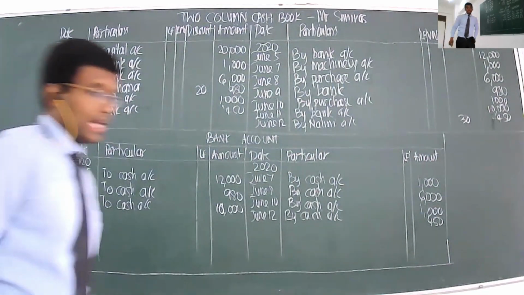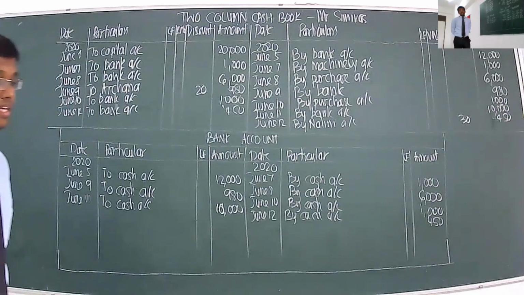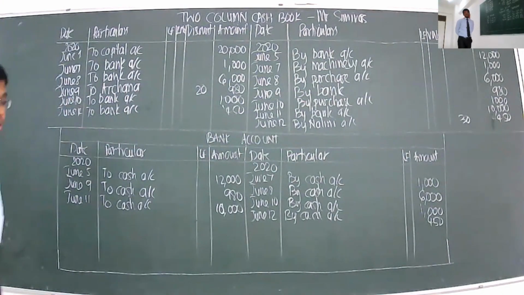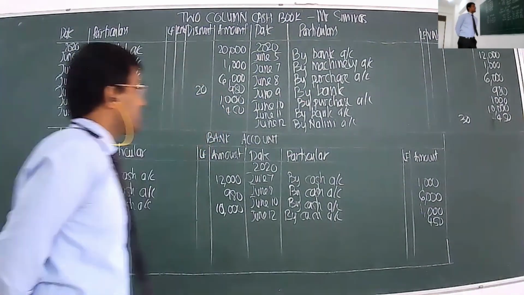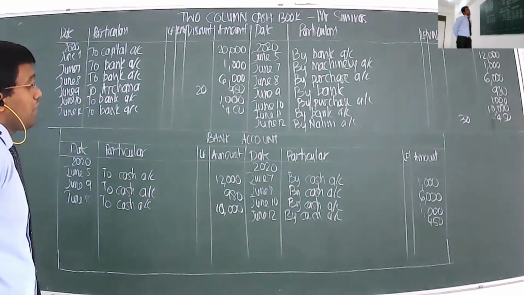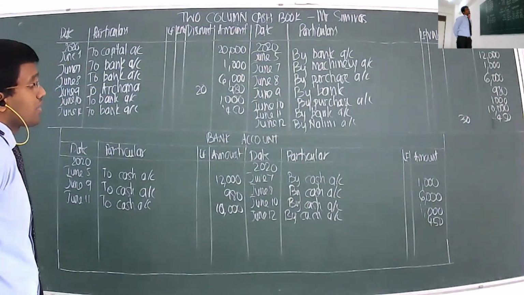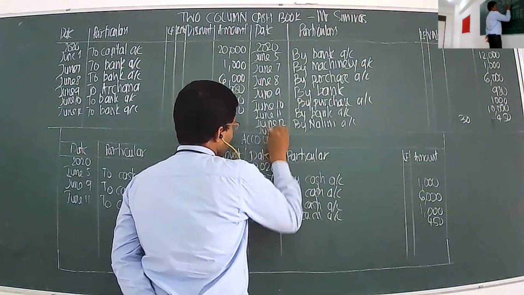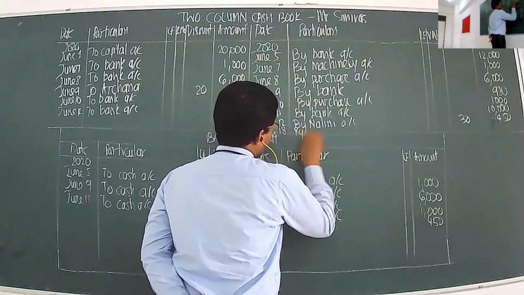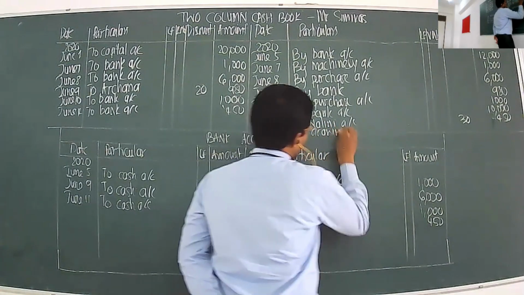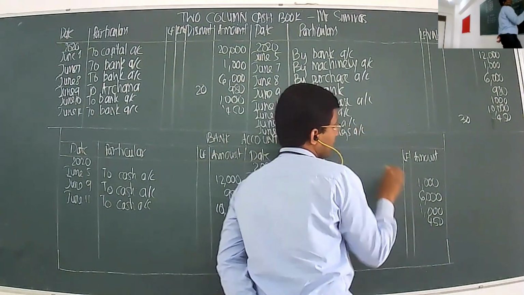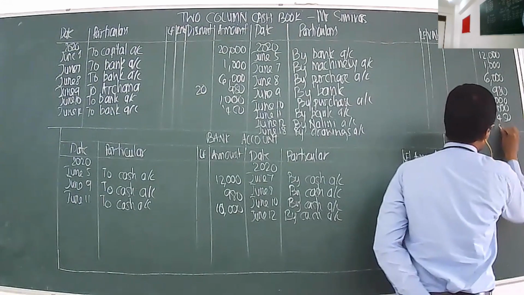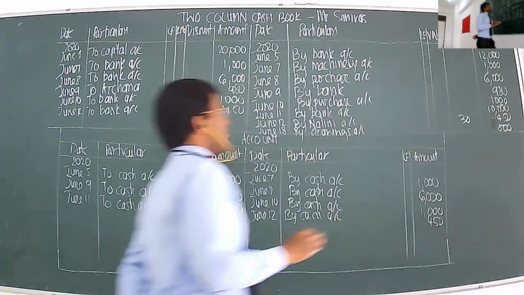One last entry that we have, that is withdrew money for personal use by check, rupees 800. So remember, whenever you withdraw money for personal use, what is that called as? That is called as drawings. So June 18th by drawings account, okay, 800. Now remember, where is this payment going from?